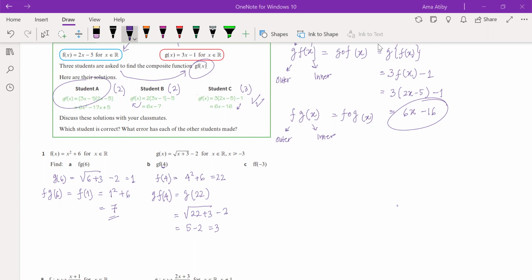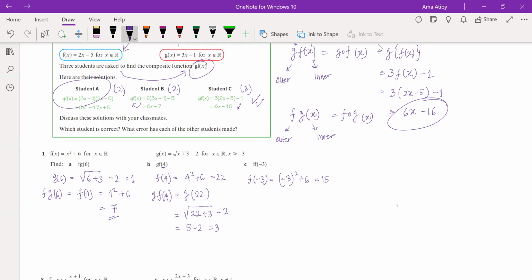Let's find the inner function first. f of negative 3 equals, we are changing the x in the function of f with negative 3. So it is negative 3 squared plus 6. Negative 3 squared is 9, and 9 plus 6 is 15.